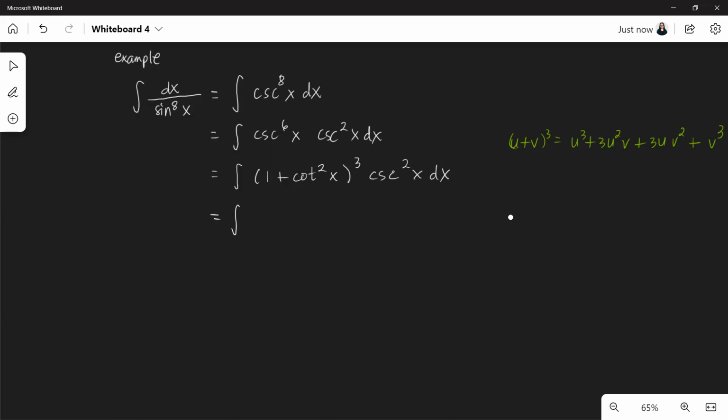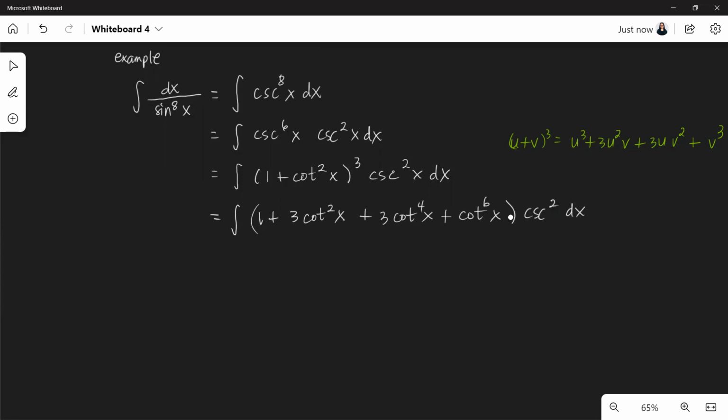So the cube of the first term, 1 cubed, is 1, plus 3 times 1 squared times cotangent squared, so 3 cotangent squared. Then plus 3 times 1 times the square of the second term, so that's 3 cotangent of x raised to the power of 4. Then the last term would be the cube of cotangent squared, so that's cotangent of x raised to the power of 6.